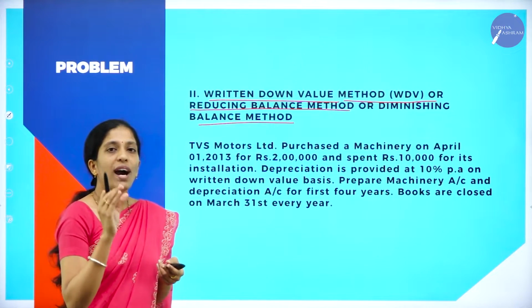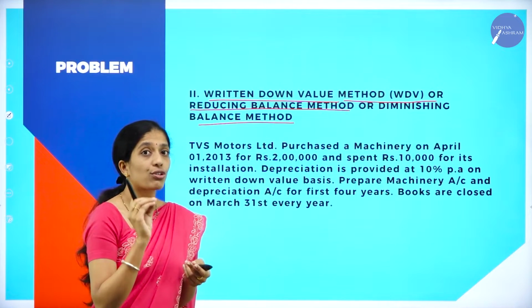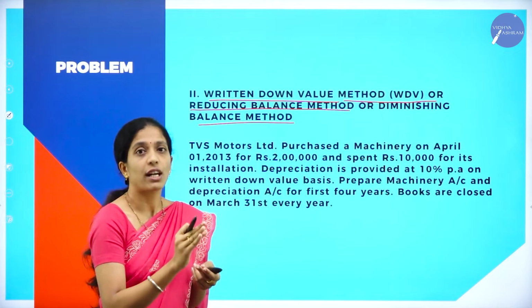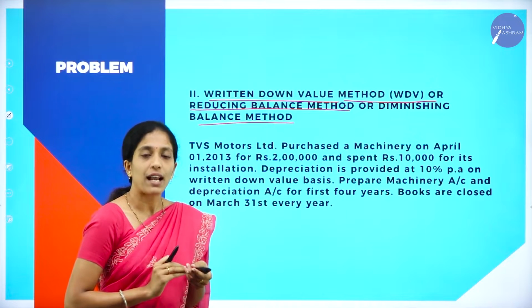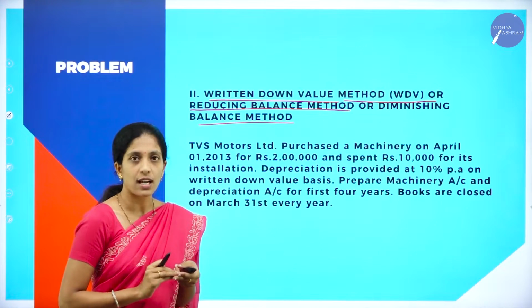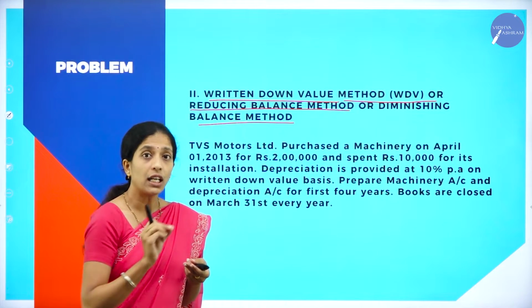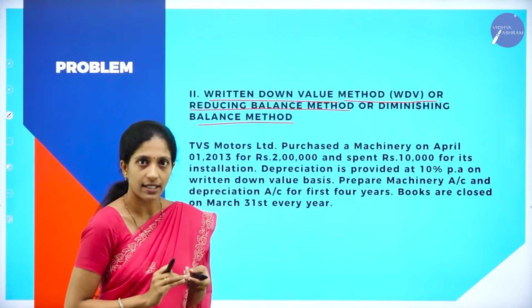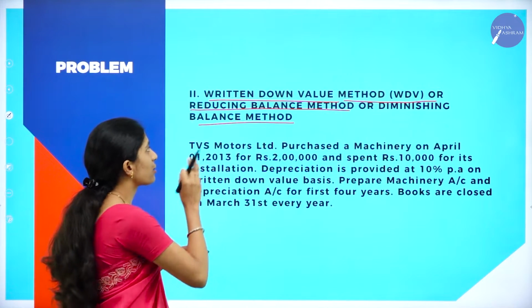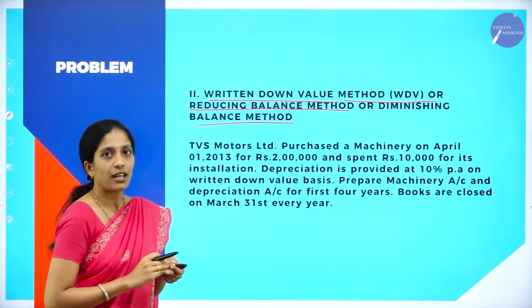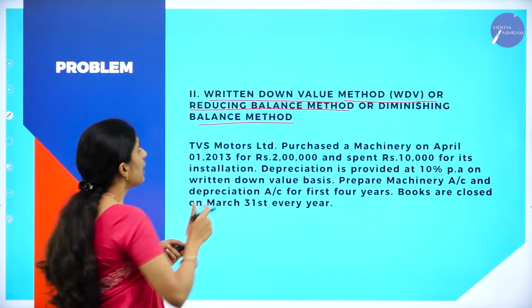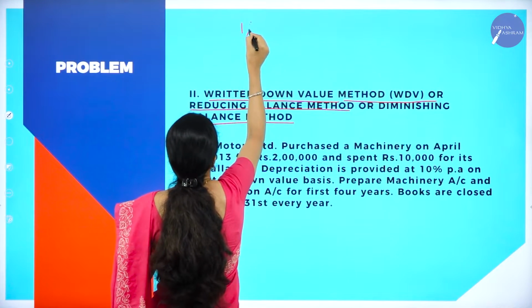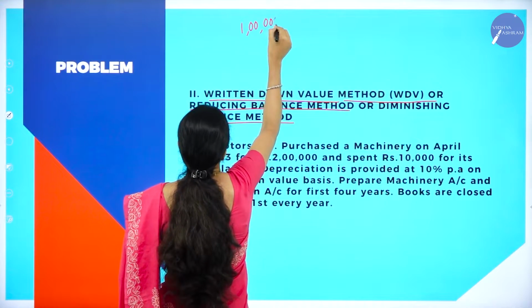Now, here the value of depreciation, we are not going to calculate as in straight line method, on the original cost of the asset, but we are going to calculate on the reduced value of an asset. So that is why it is called written down value method. For example, in straight line method, suppose the original cost of the asset is rupees 1 lakh.